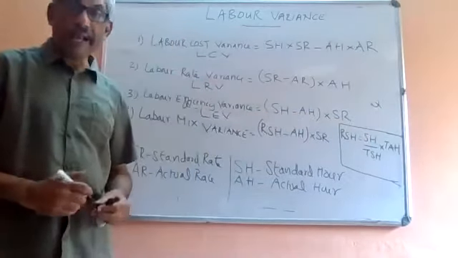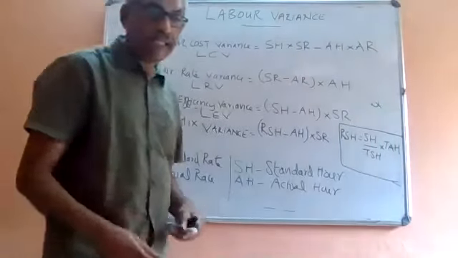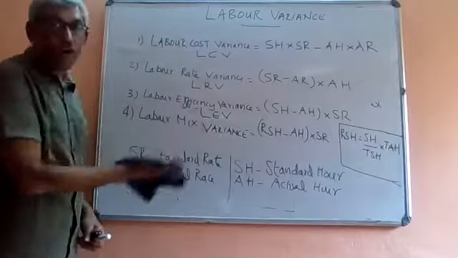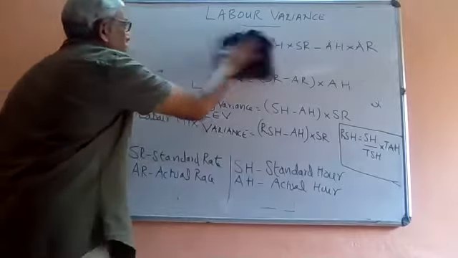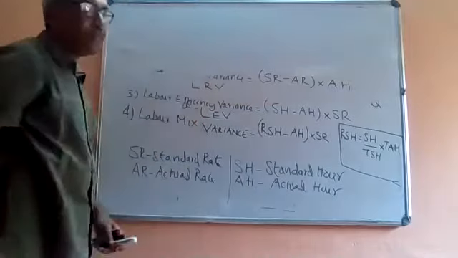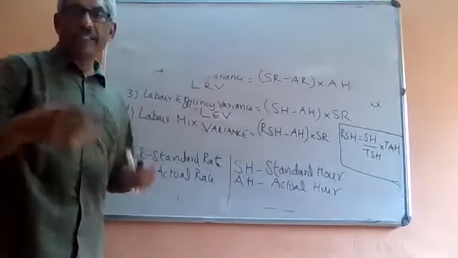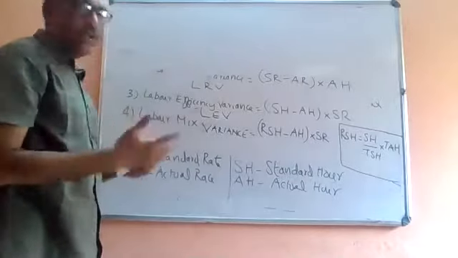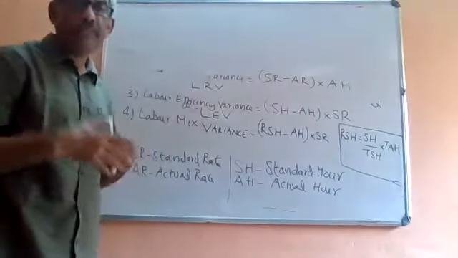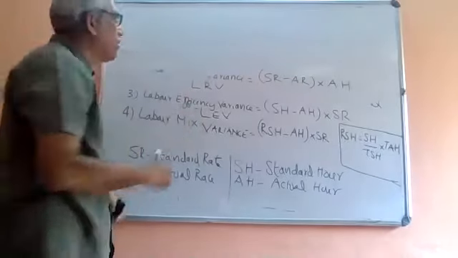Now let us see an example, and from that example we can solve all these formulas. Suppose the question is, let us start with two labors, then we will do a three labor.